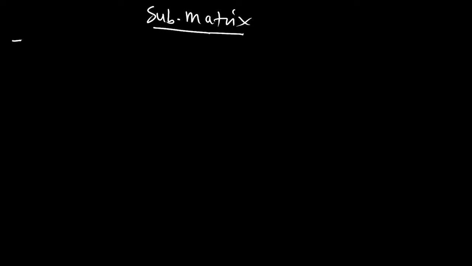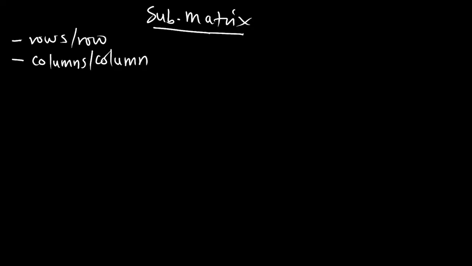So one, we omit rows or a row, and we omit some columns or maybe a column. Such a matrix is said to be a sub of a matrix. As the word goes by itself, sub meaning part of a whole.